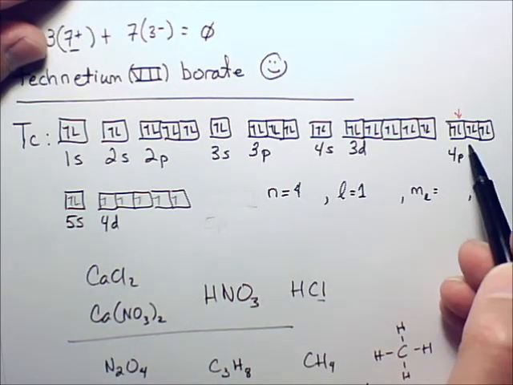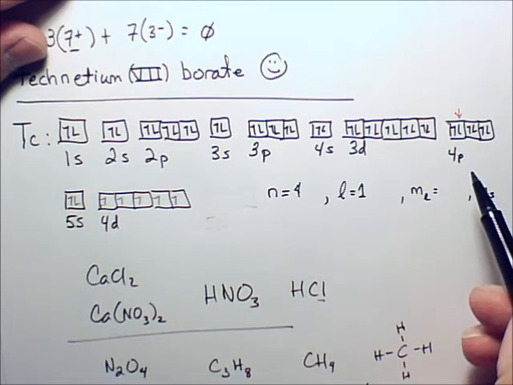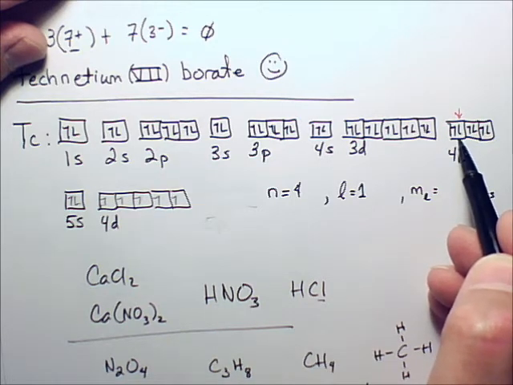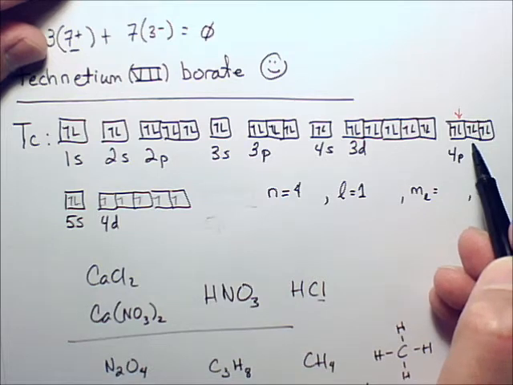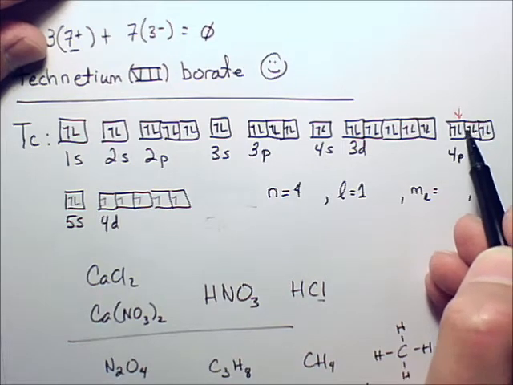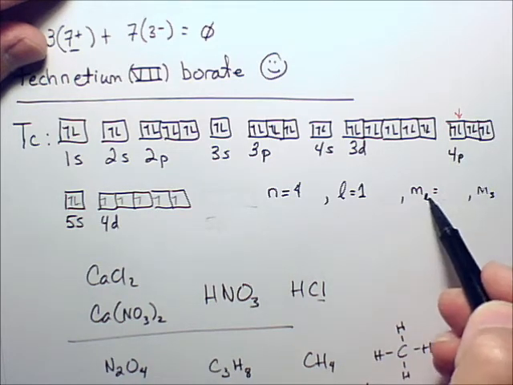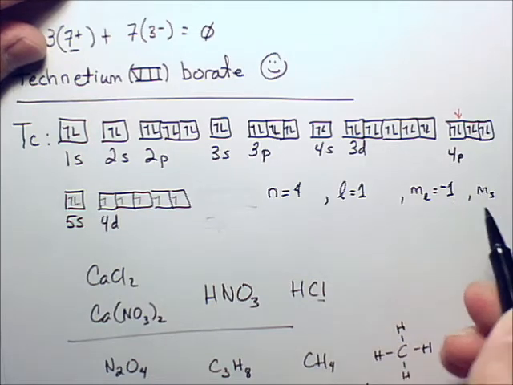So for us, at this time, the middle orbital is always 0, and you go to the left by counting down in whole numbers, and to the right by counting up in whole numbers. So if this orbital is 0, then this must be -1. So the orbital number here is -1.